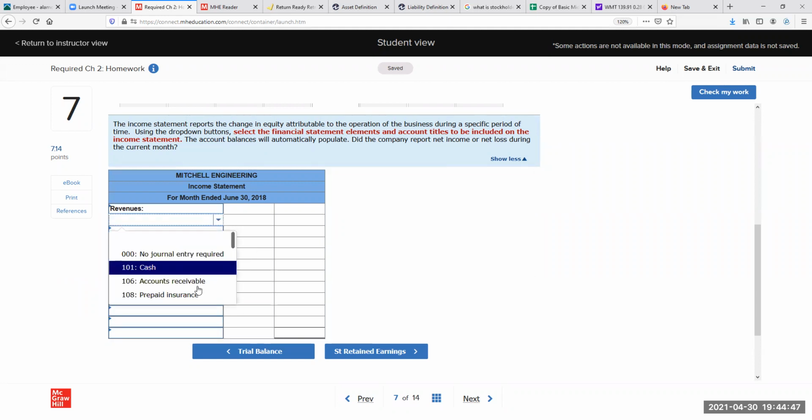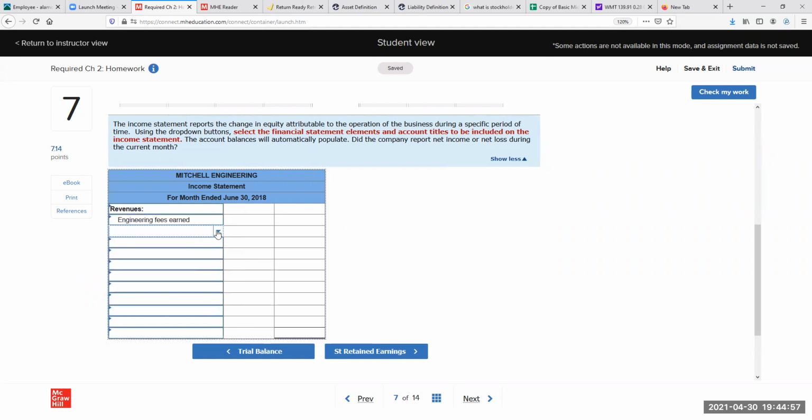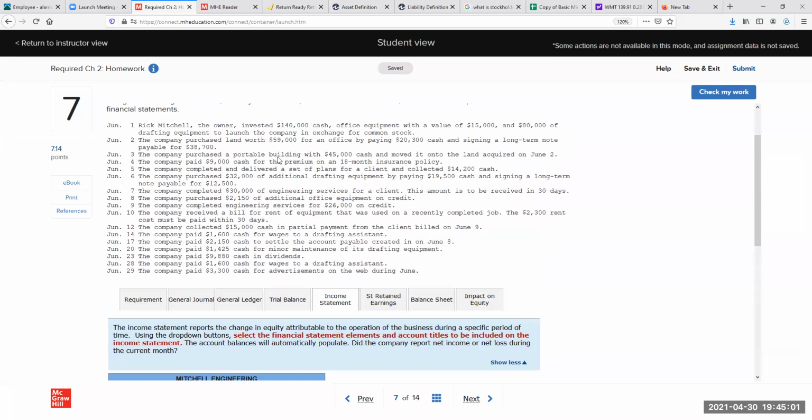This is revenues. Do we have one? Revenue. There it is, engineering fees. Do we have rental revenue? I'm going to put that in there just in case we see it. But right now, I don't know if we have rental revenue. But you're just going to go one at a time. When you have big problems like this, you go one at a time.